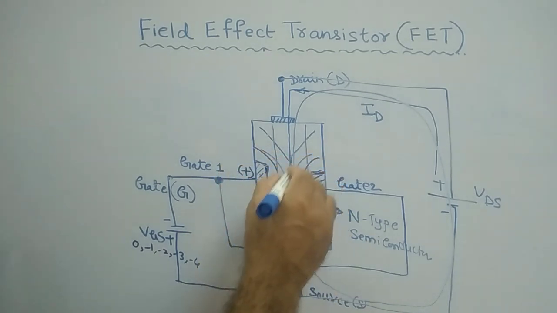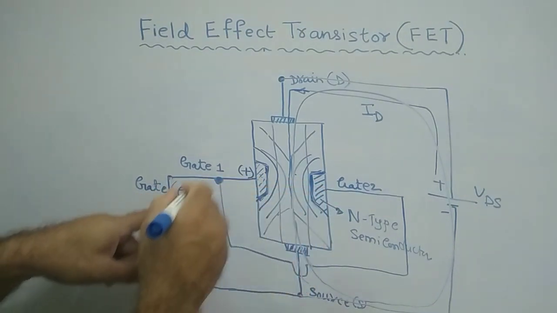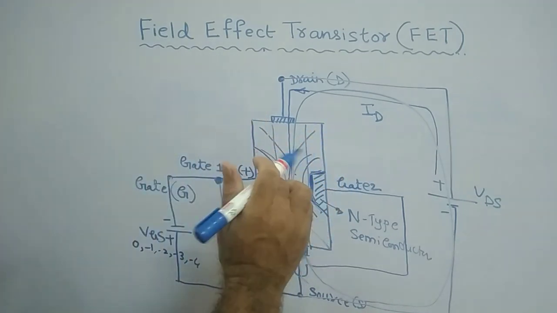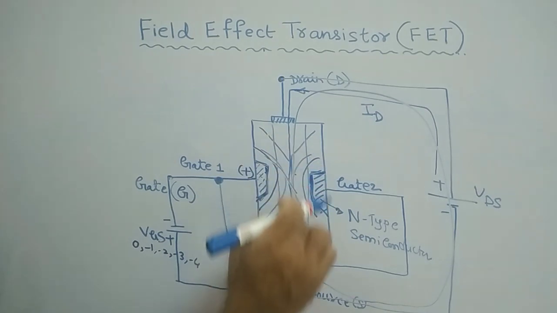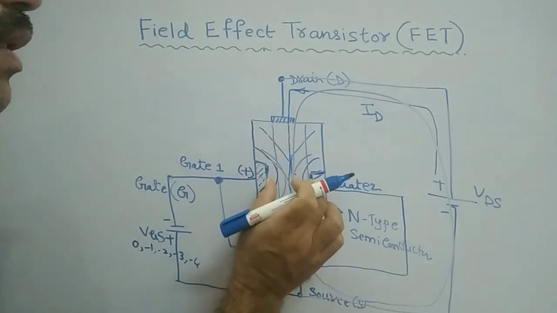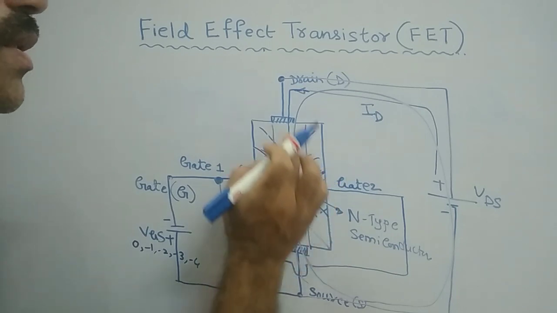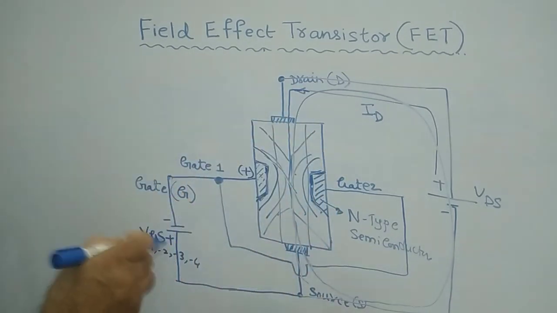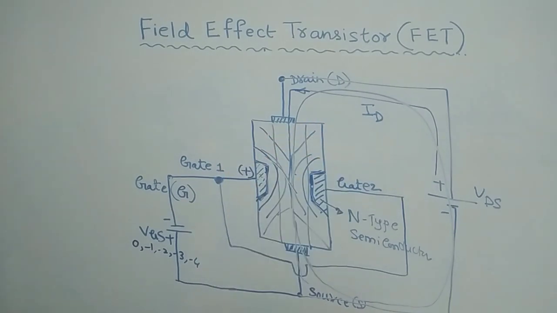Finally, as you go on increasing the reverse bias voltage, the depletion width increases, and this depletion width blocks the channel. So your channel will be blocked at a particular reverse bias value of VGS, at which the flow of drain current becomes 0.